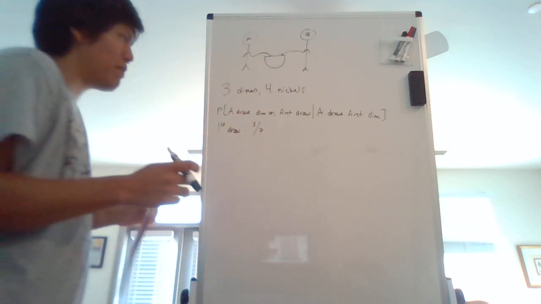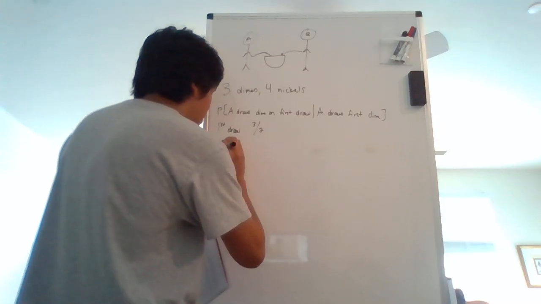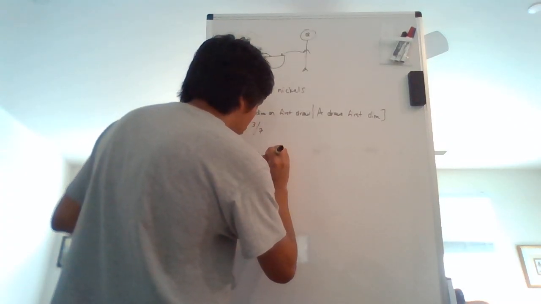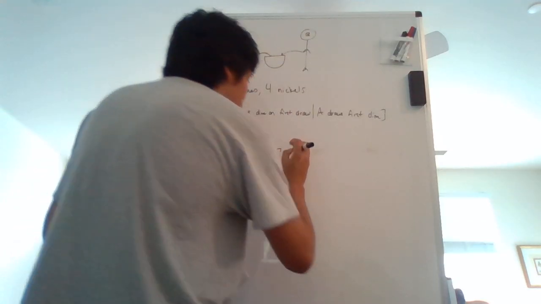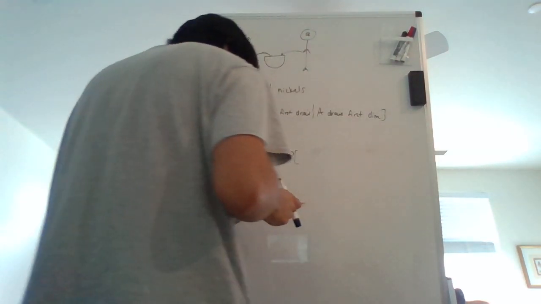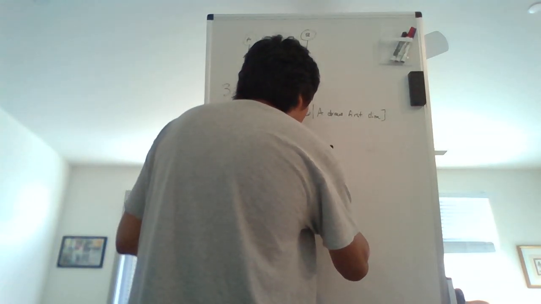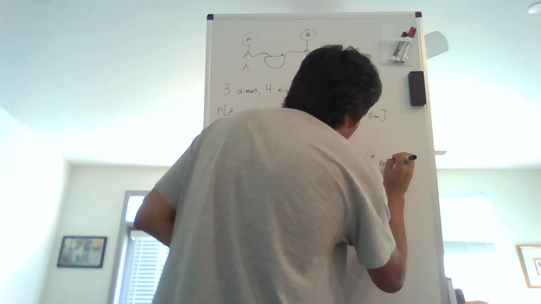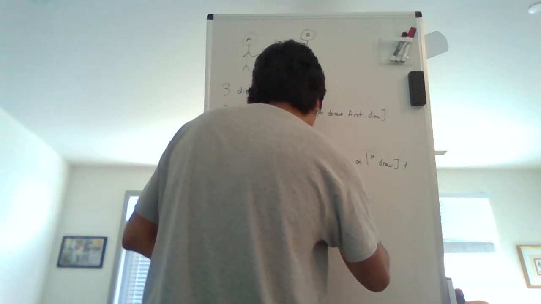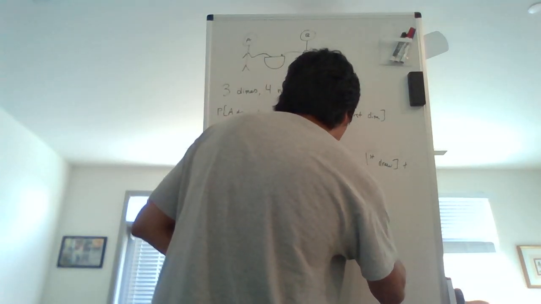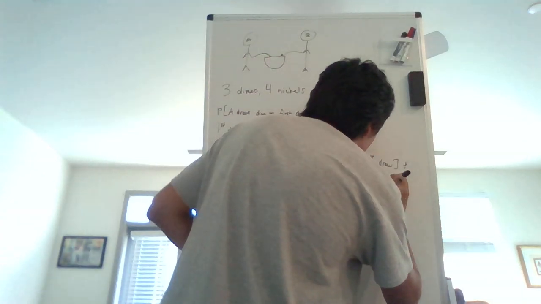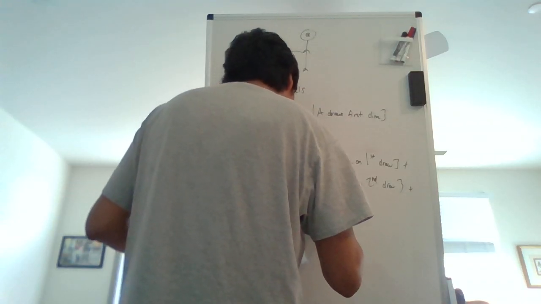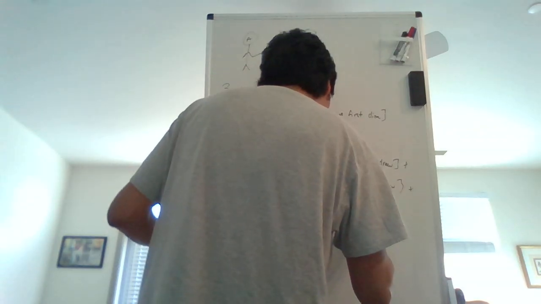So, in order to find the probability of A drawing the first dime, that is equal to the probability that A draws the first dime on the first draw, plus the probability that A draws the first dime on their second draw, plus the probability that A draws the first dime on their third draw.